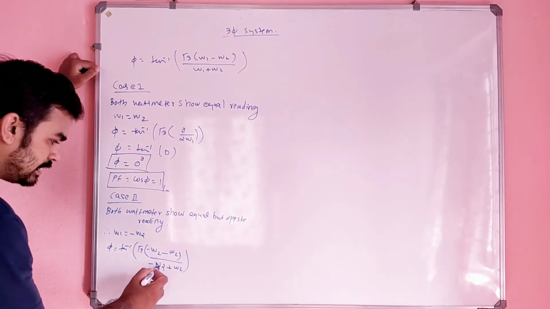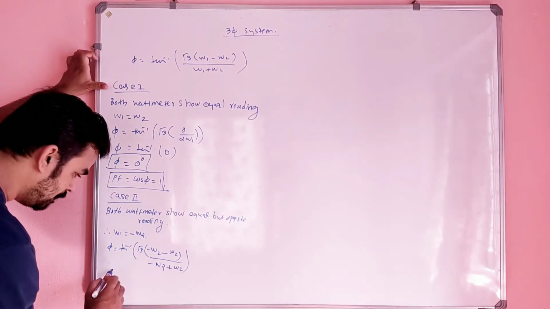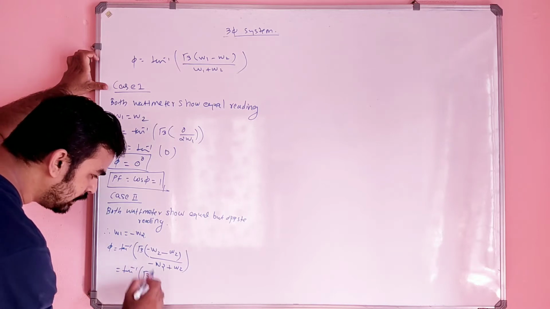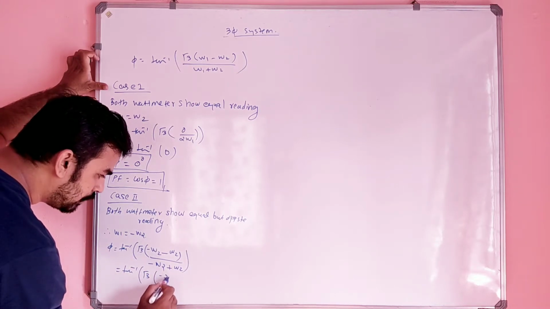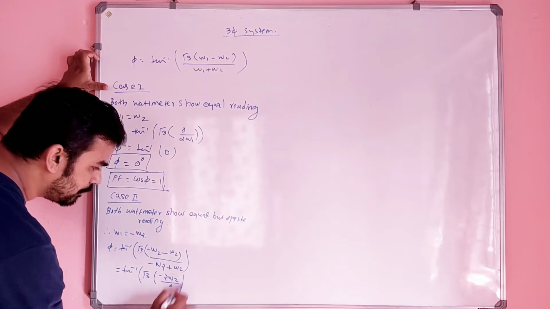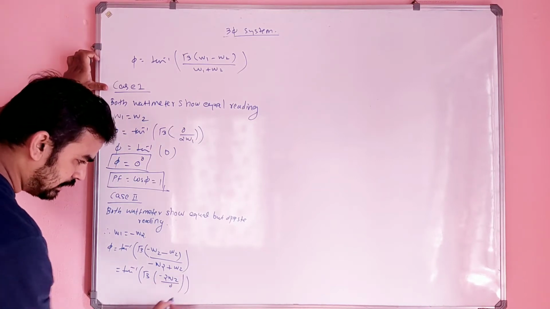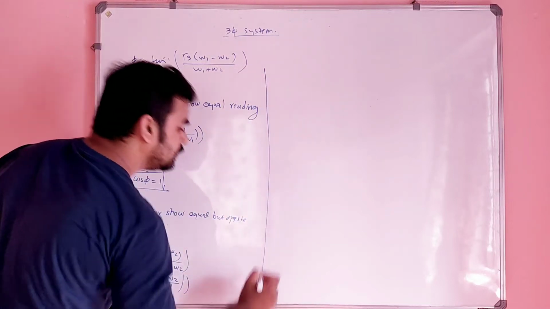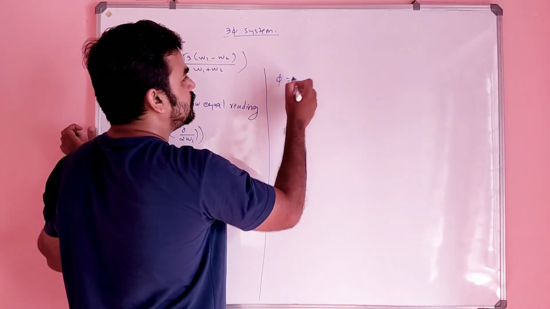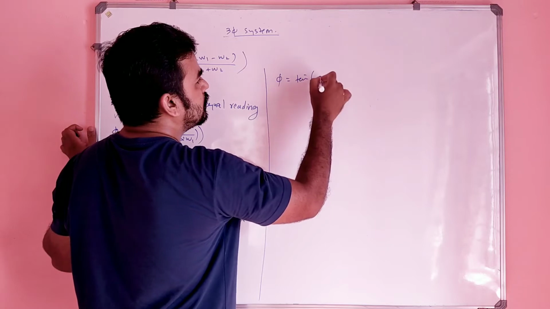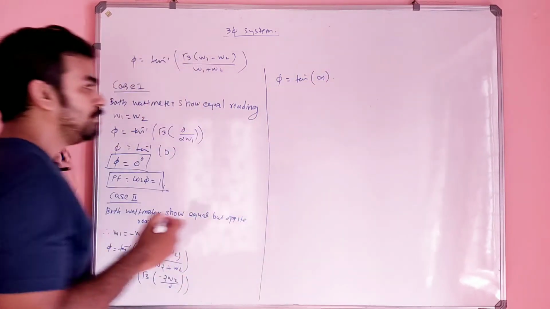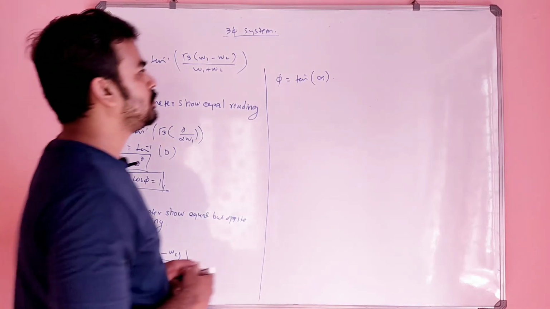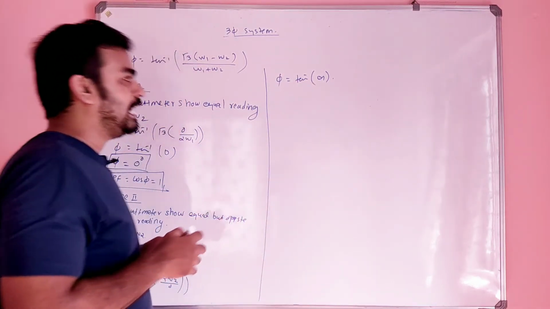So this becomes tan inverse of root 3 into minus 2W2 divided by 0. Or phi is equal to tan inverse infinity, because anything divided by 0 is infinity.